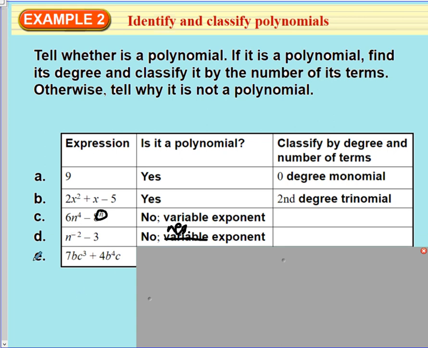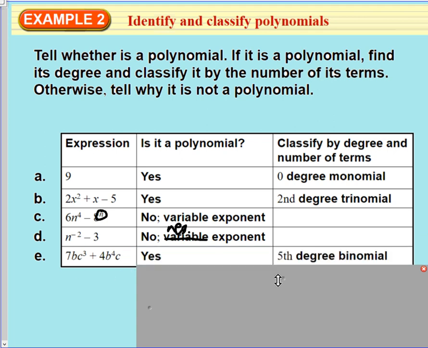All right, this last one, we've got 7bc cubed plus 4b to the 4th c. This is considered a polynomial, and my biggest degree is going to be 5. The reason it's going to be 5 is if I look here in this first term, 7bc cubed, b has a degree of 1, so 1 plus 3 is 4, so this term has a degree of 4.